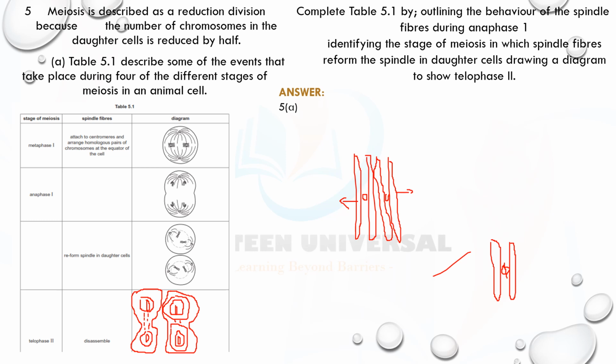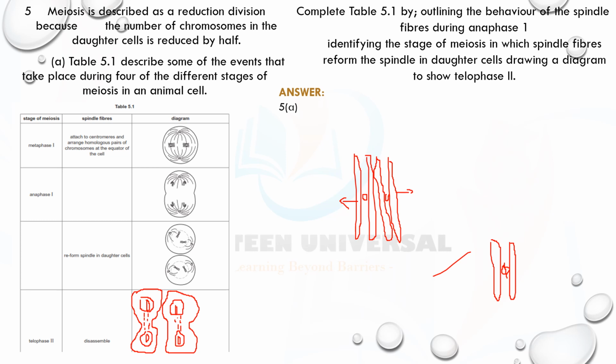But what we have here is sister chromatids at the poles, and of course the nuclear membrane reforms. Let me remove this. That's it, guys. Let's see what the mark scheme says.